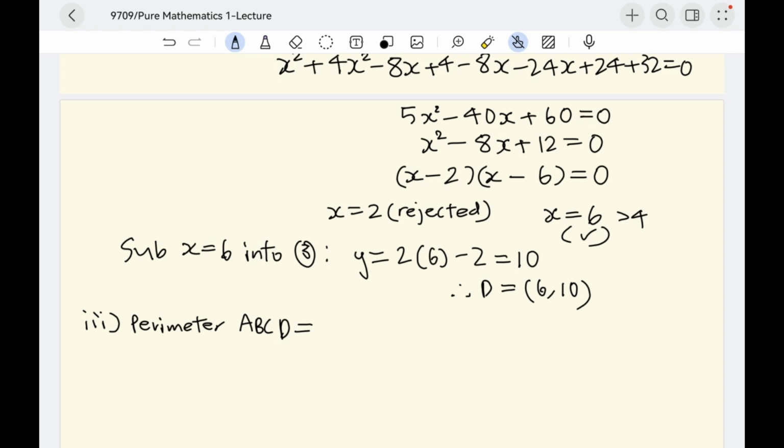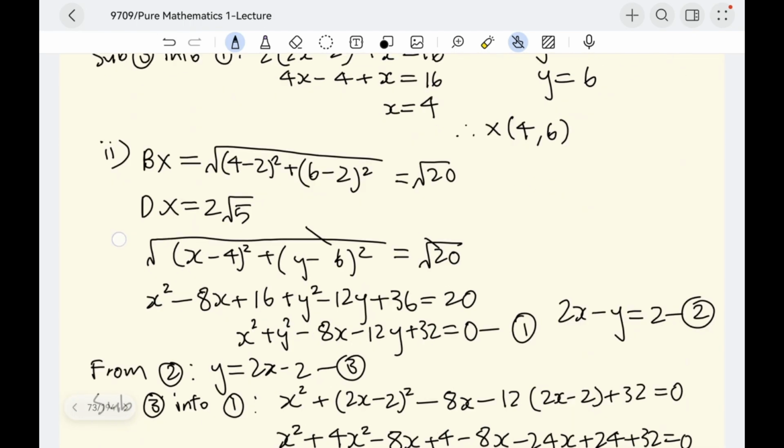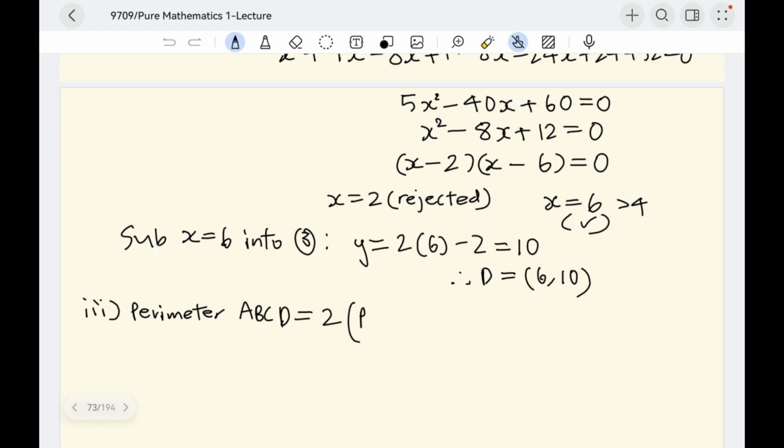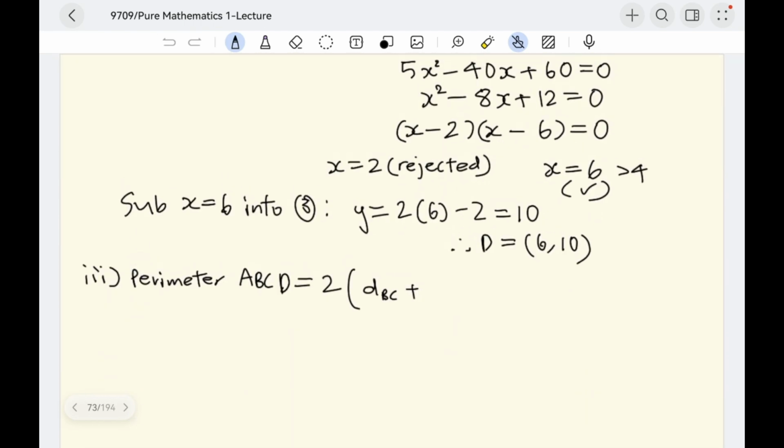We can do it in this way, which is 2 times the perimeter, maybe I write it as P, the perimeter, equals the distance of BC plus the distance of AB.